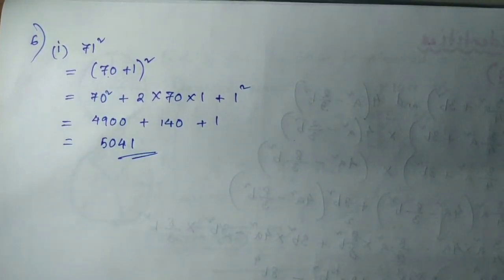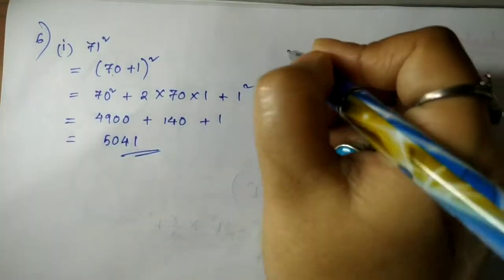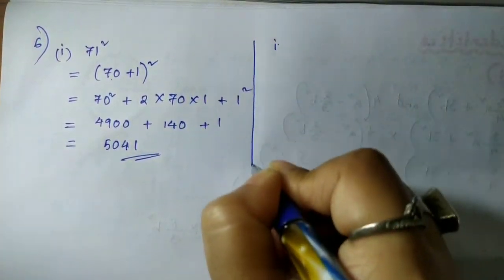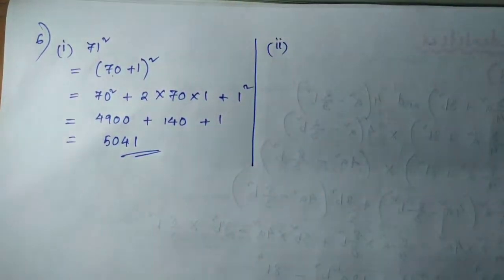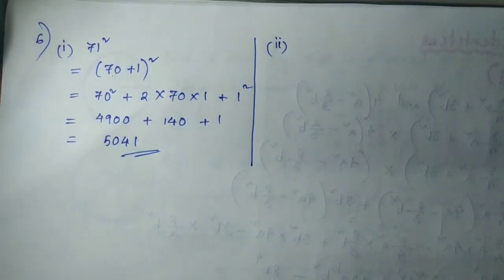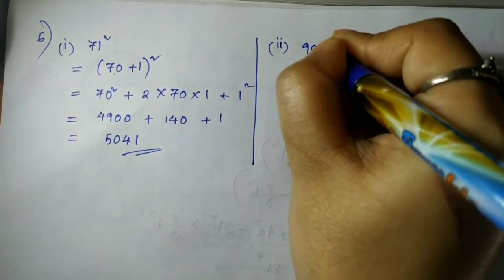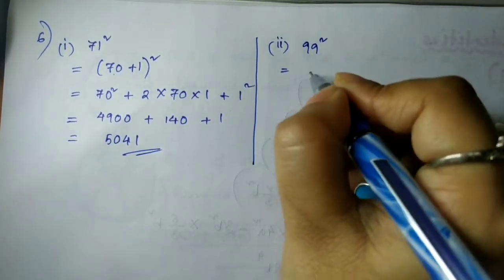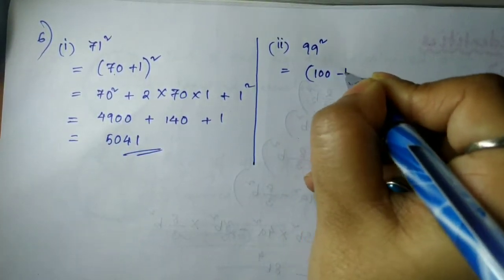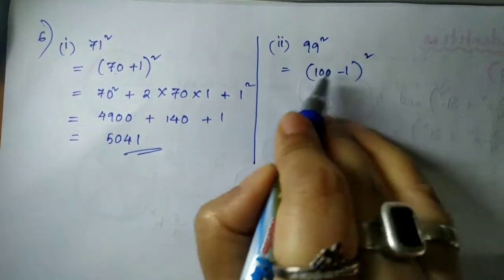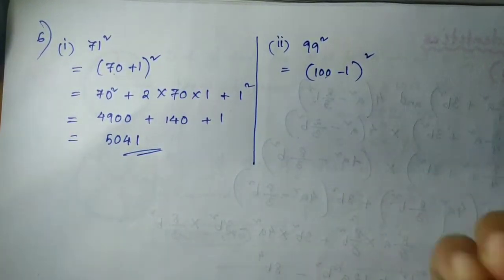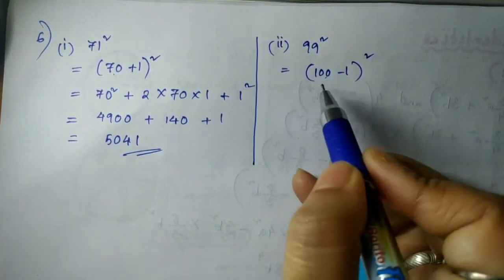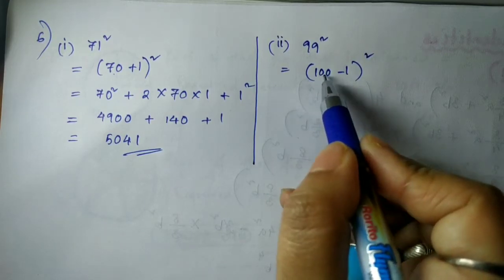In this way you have to try. I'll show you one more now. Let me show you question number 2, which is given as 99 square. Now 99 square, I can write it as 90 plus 9, and also can I not write it as 100 minus 1, which looks easier to calculate than 90 square and then multiplying the numbers? Isn't it in the form (a − b)²?